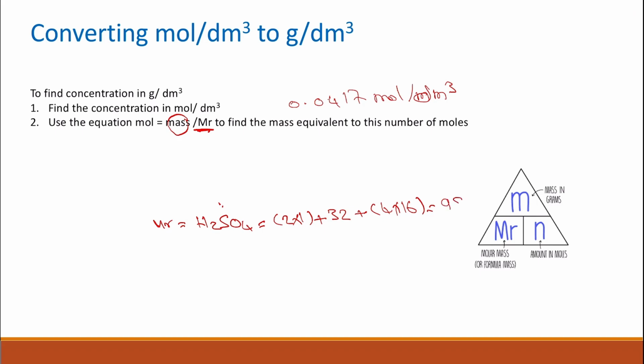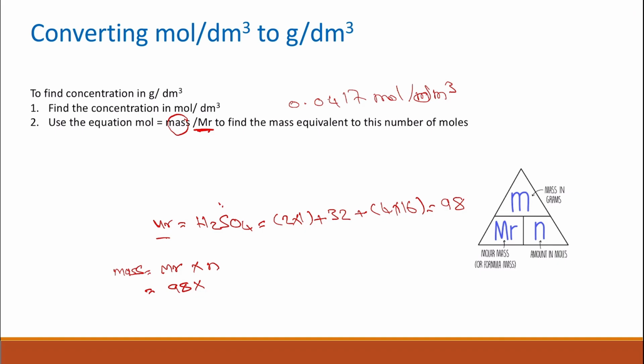So in total, it's 98. So now we know that the relative formula mass of sulfuric acid is 98, and the mass will equal Mr times n. So that equals 98 times n, the number of moles.